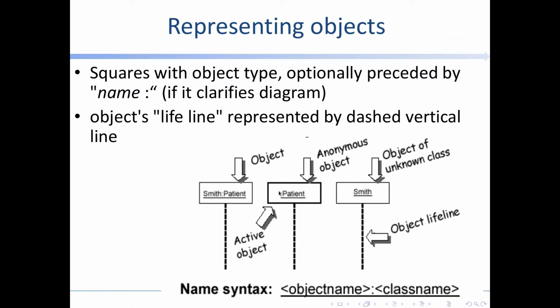It doesn't have a name, it's just a type. But it's not the class, right? It's an instance, but it's anonymous. And here this is an instance without any class. These are called lifelines, the dotted lines that you saw. The active object is in this case bolded with a line.